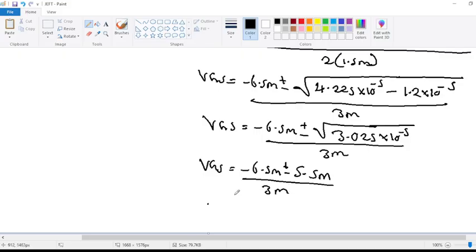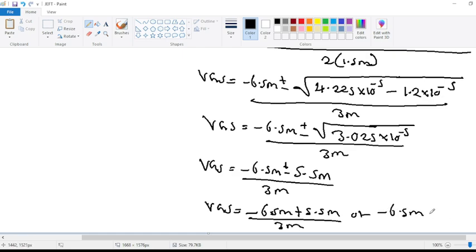From there, meaning our VGS is equals to negative 6.5 milli plus 5.5 milli over 3 milli, or negative 6.5 milli minus 5.5 milli over 3 milli.